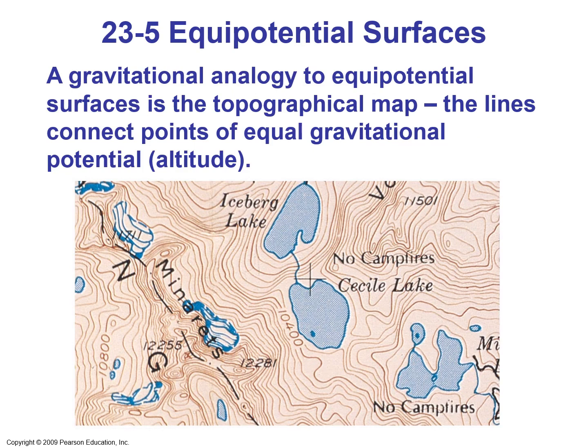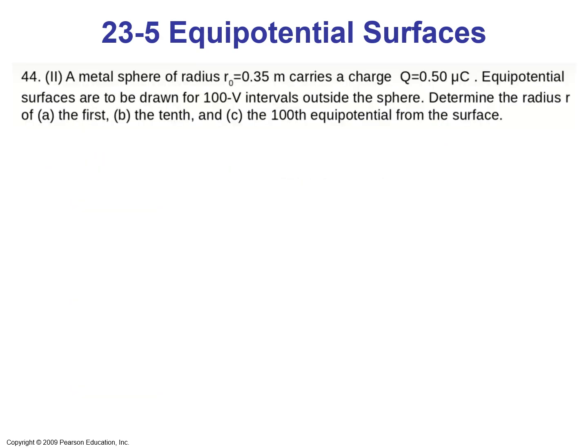A gravitational analogy to equipotential surfaces is the topographical map. The lines connect points of equal gravitational potential, or altitude. Let's look at problem number 44 from the book as an example. A metal sphere of radius r0 equal to 0.35 meter carries a charge of Q equals 0.5 microcoulomb.